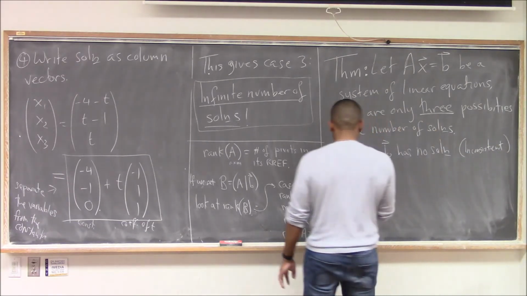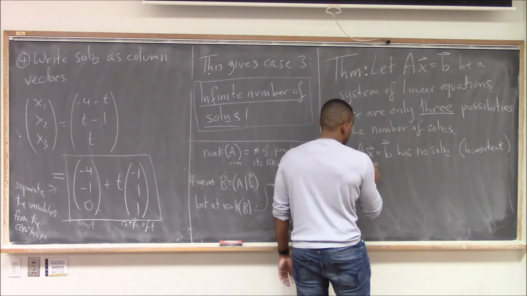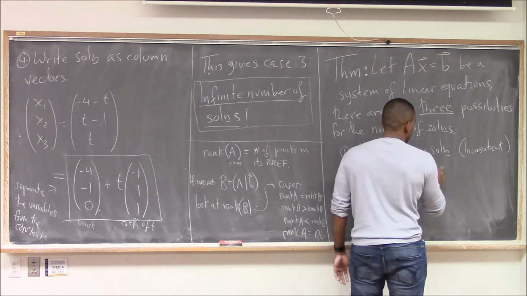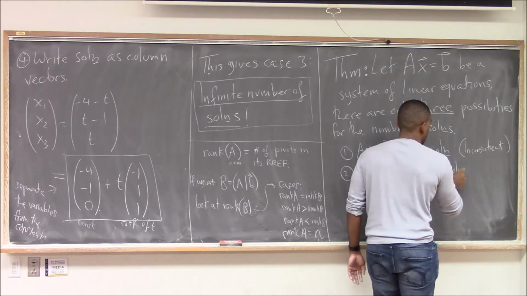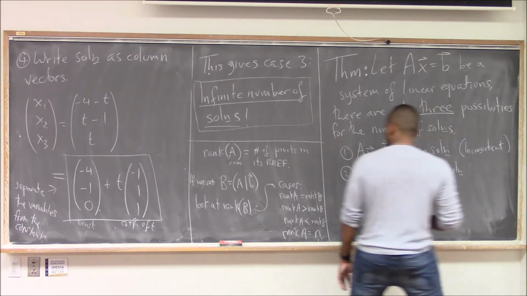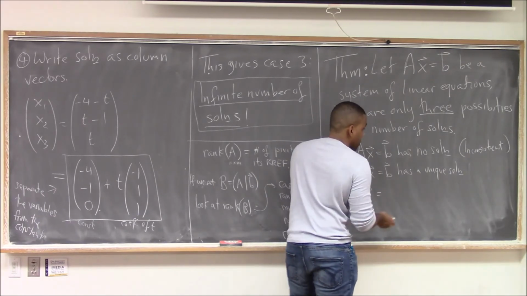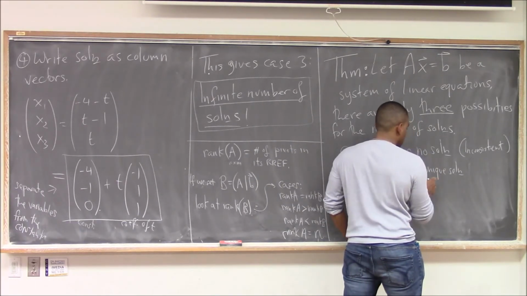Two, AX equals B has a unique solution, and by unique I mean exactly one.